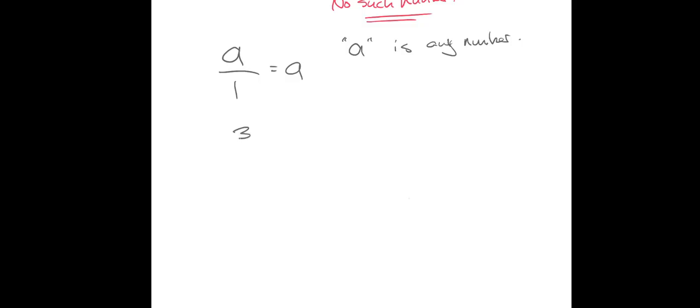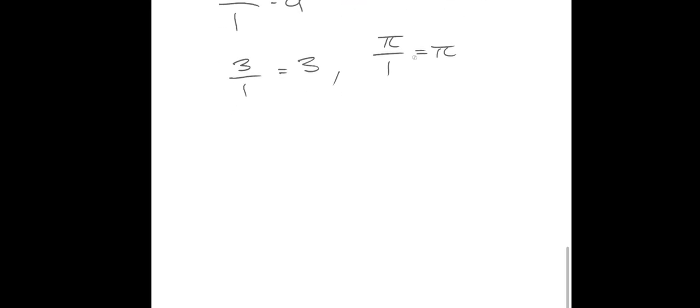So 3 over 1 is equal to 3. Pretty simple, pretty basic. Pi over 1 is pi. Pi, of course, being 3.14 blah blah blah, forever and ever and ever. Okay, so that's 2 of the basic rules of algebra.